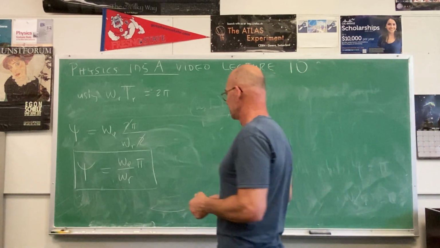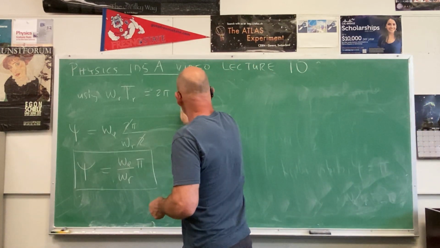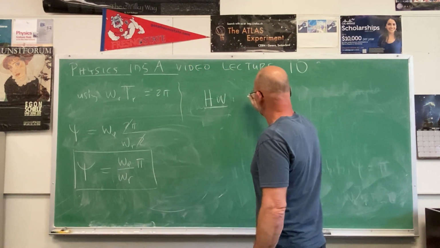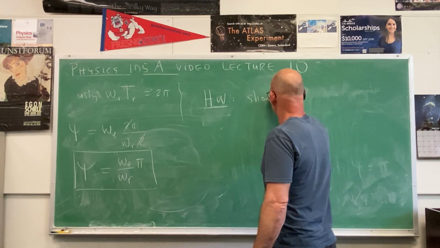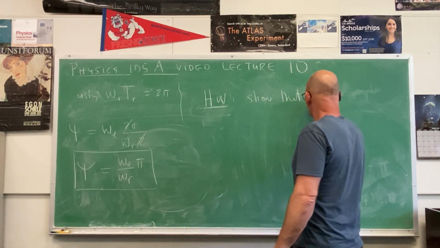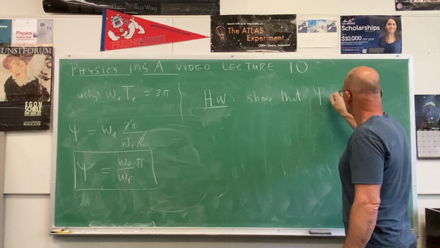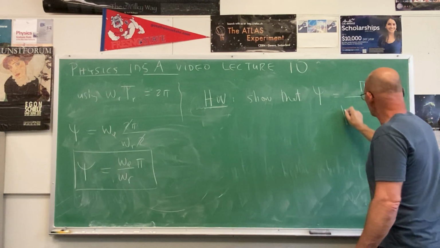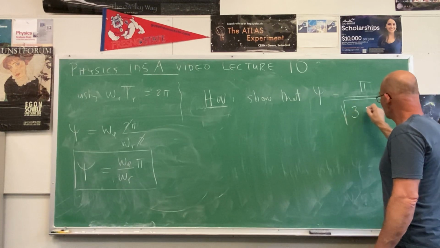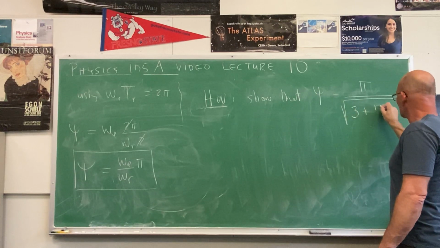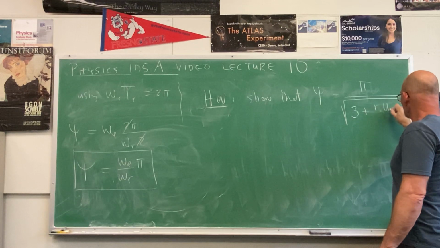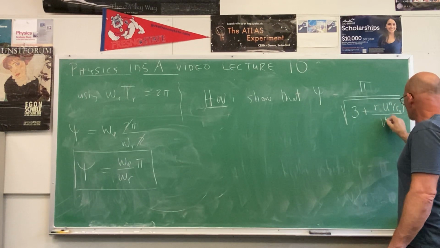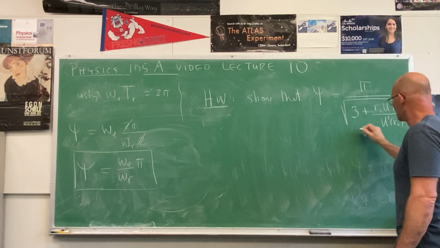Okay, so let's see, homework. Show that C is equal to pi divided by root 3 plus r naught u double prime of r naught divided by u prime of r naught.